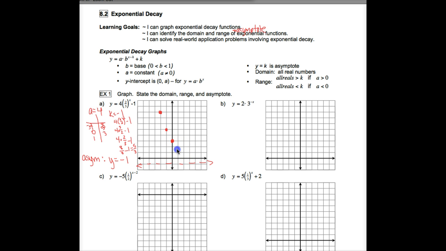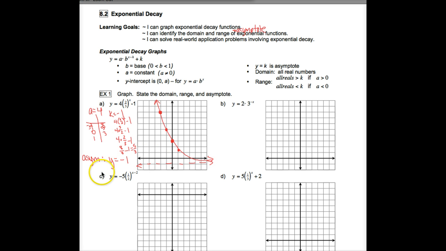So 1 and 2/3 would be about right here. So we can continue to get some more points if we want, but we should be able to see with just those points what the general shape should look like. We know it's exponential decay, so we know it's going to continue to approach but never cross that asymptote.